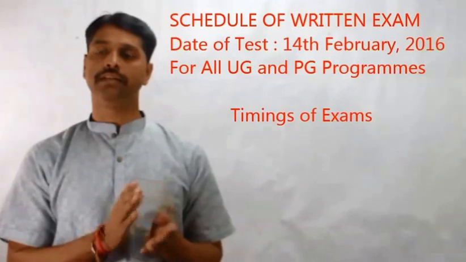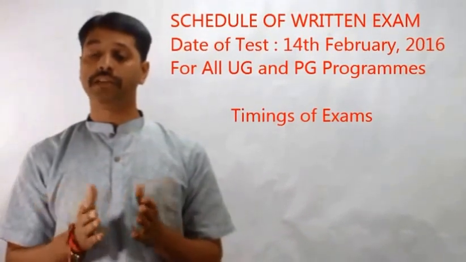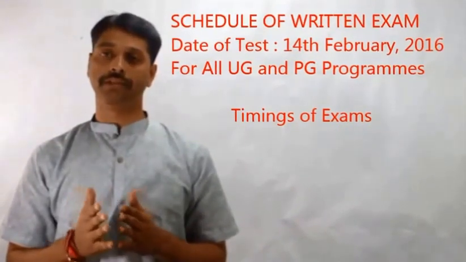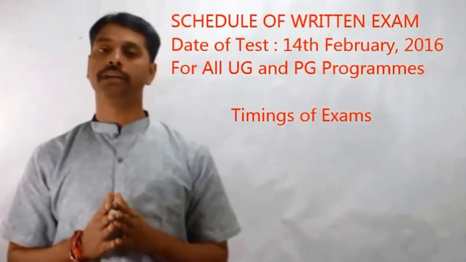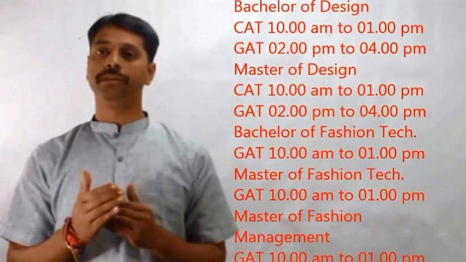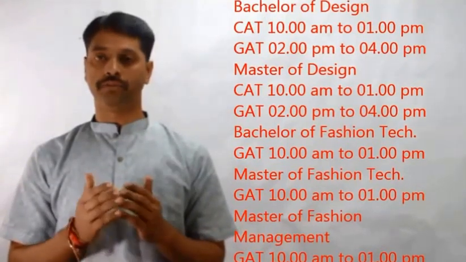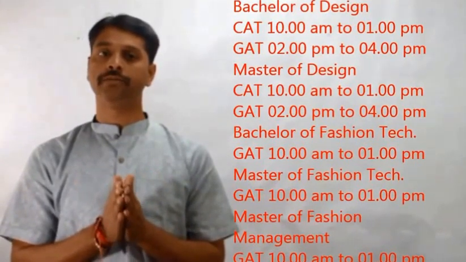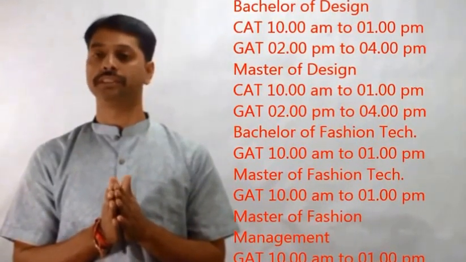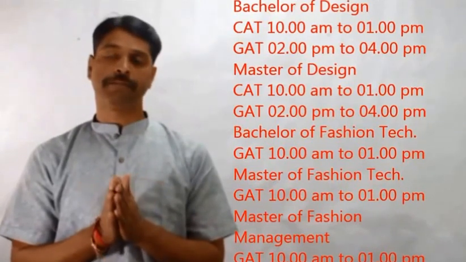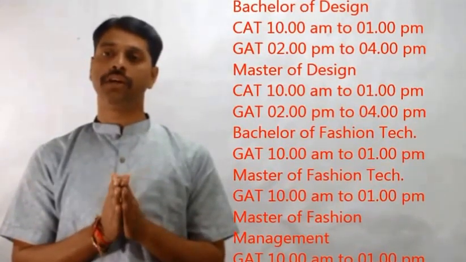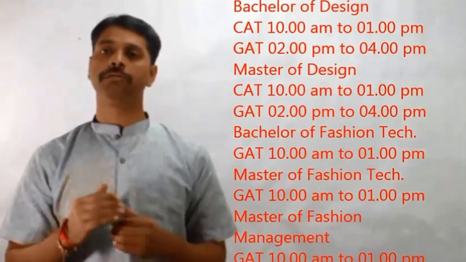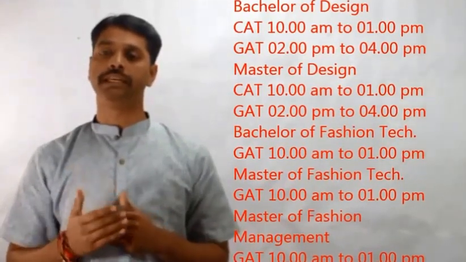The exam will be on the 14th of February 2016, Valentine's Day, and the timing for the exam will be from 10 a.m. till 1 p.m. for GAT, and then from 2 p.m. to 4 p.m. for CAT, Creative Aptitude Test. So it's almost a 3 plus 2, 5-hour paper with 1 hour of break between GAT and CAT.